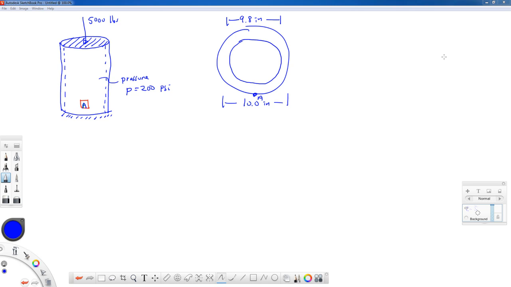Our point A, where we want to find the stresses, lies on the outside surface of the pressure vessel. It really doesn't matter exactly where I show that, so I'm just going to draw it somewhere up and down the side. But here's point A right here. So our process still holds. What we want to do is make a free body cut at our point of interest.